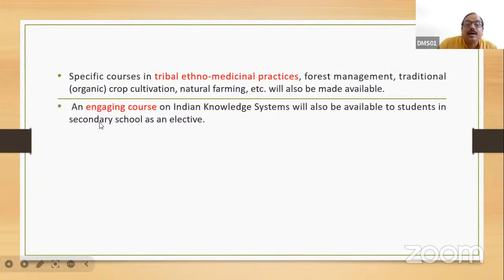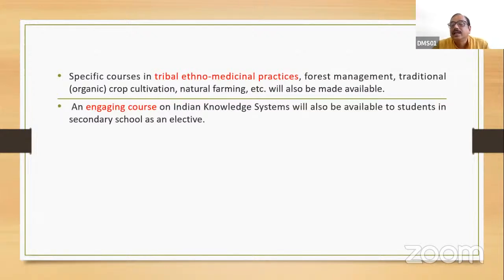And again, an engaging course on Indian knowledge system will also be available to students in secondary school as an elective. So that means at the secondary school level, maybe at 9th, 10th, 11th, and 12th stage, an engaging course means they are given an option of selecting any one of the Indian knowledge systems, which will be made available to them. And they have to select that.